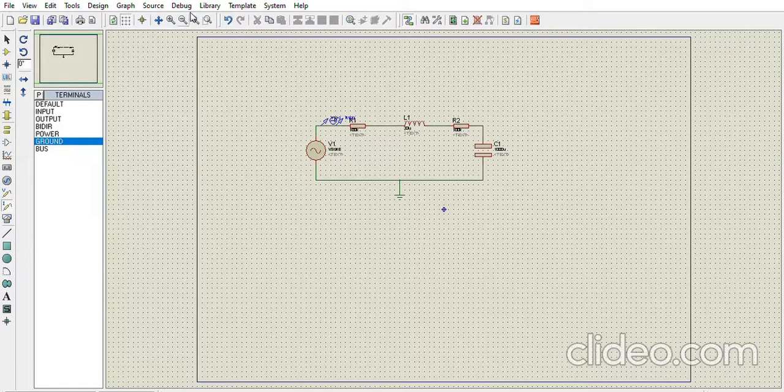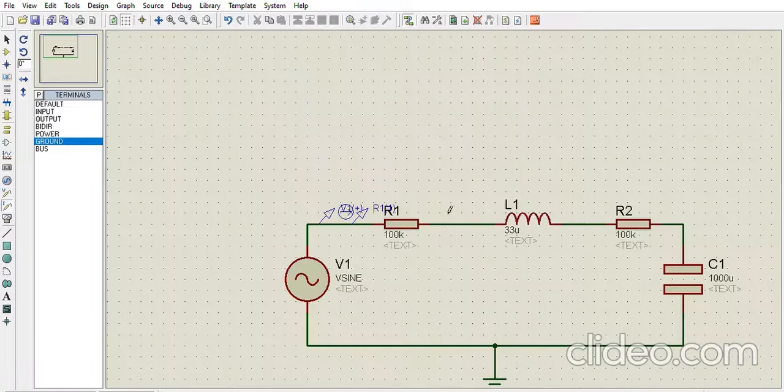So let's change the values. Go to edit property. The amplitude we need to change to 50. The frequency also 50. Show all so that everyone can see.